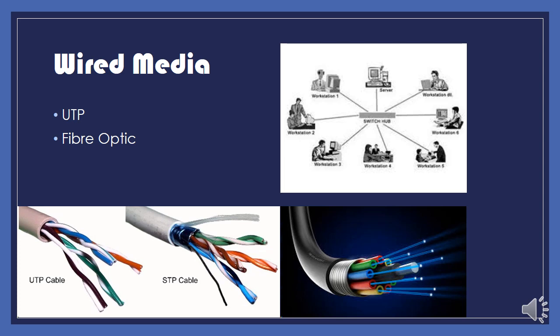And then we get fiber optic cable, which is how most of our businesses and homes are connected. And that's a very good way of having a network, although it's far more expensive because it uses light. Light is transmitted in these wires or fiber optic cables.